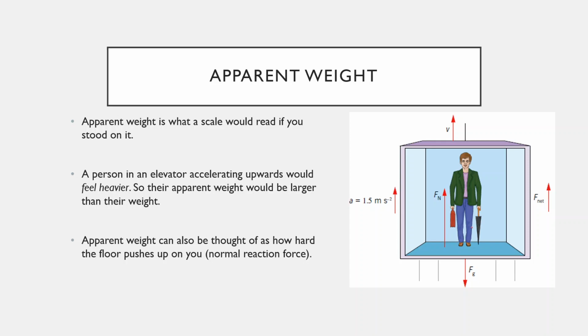Now, if you think about the forces that are acting on the person in the elevator, you've got the weight force, or the gravitational force, pulling them down, but you've also got the normal force between the person and the ground, pointing upwards.